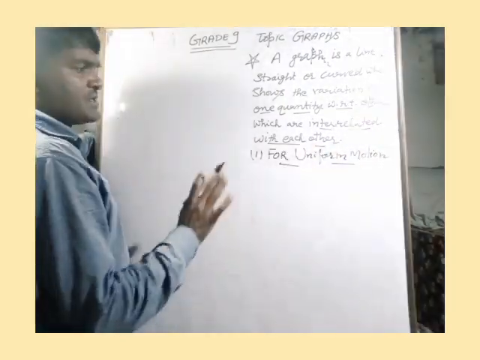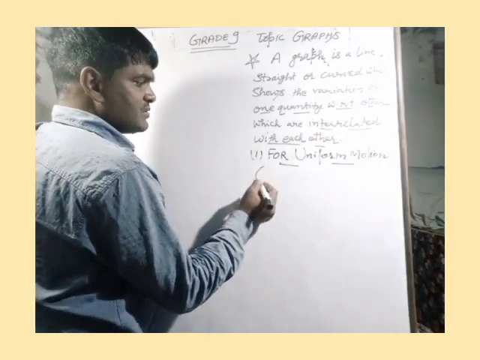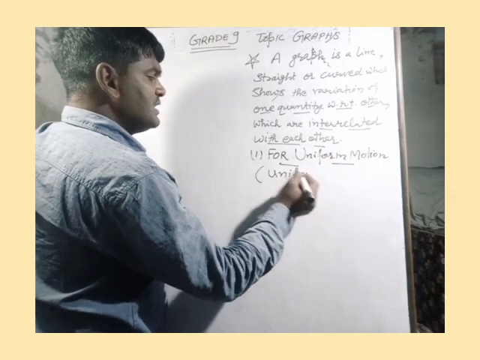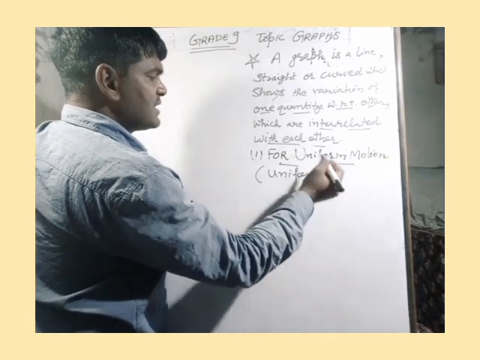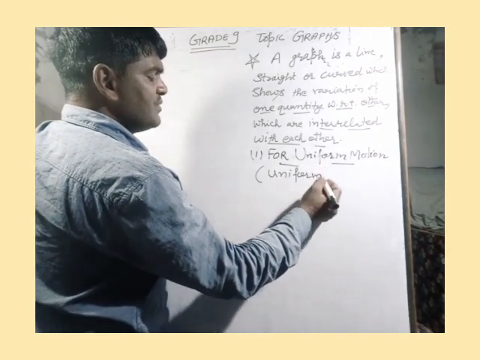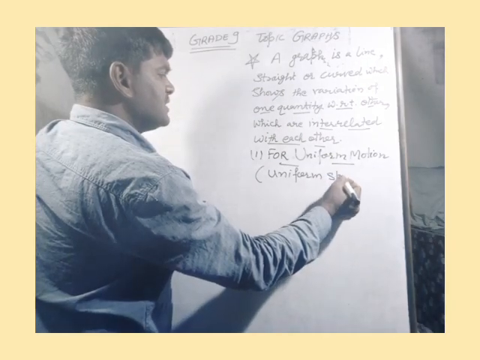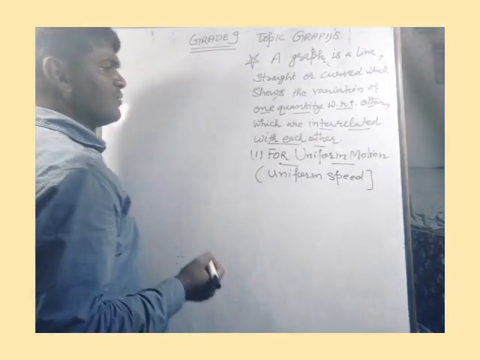For example, if we talk about uniform motion, in case of uniform motion, speed remains uniform. Speed will be uniform there.